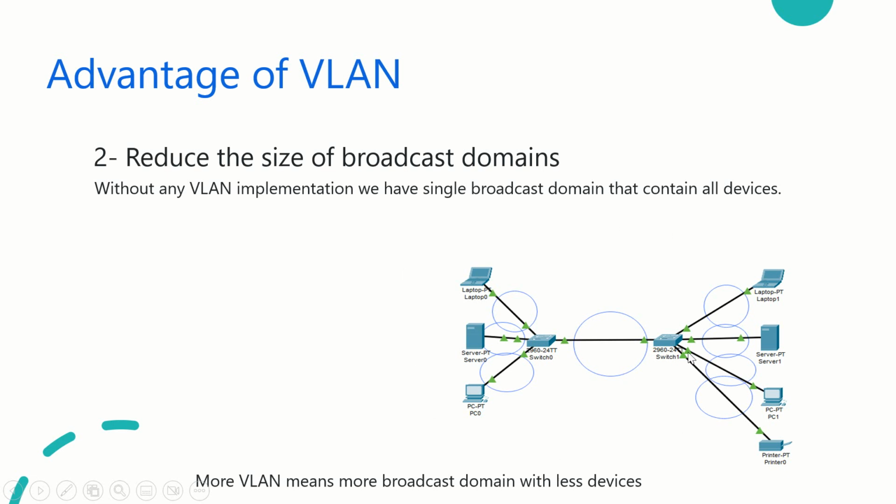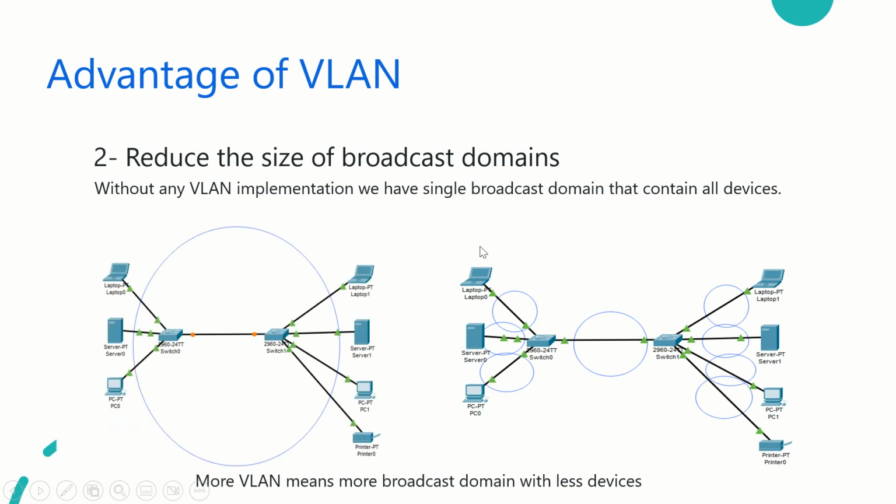And in this example, you can see here, before we have only one broadcast domain. This is one broadcast domain. And if PC0 wants to send a message to PC1, from switch 0 to switch 1, the frame would be broadcast to all the users connected to switch 0 and switch 1.